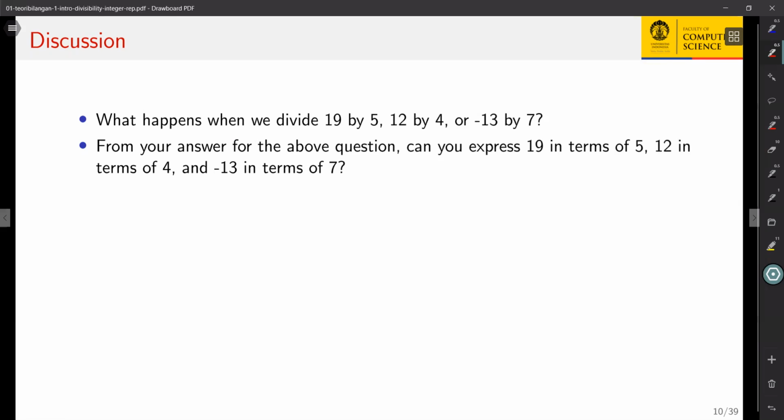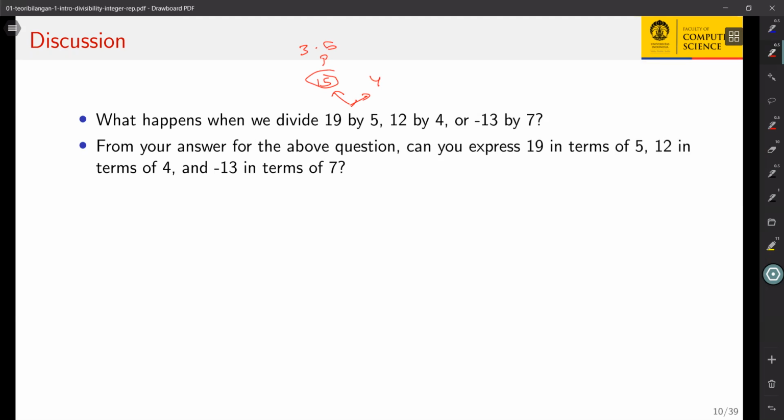Okay, so essentially you try this out by looking at the closest multiple of 5, which is 15, right? So here you get 15 and 4, and this 15 itself is a multiple of 5, which is 3 times 5, right?